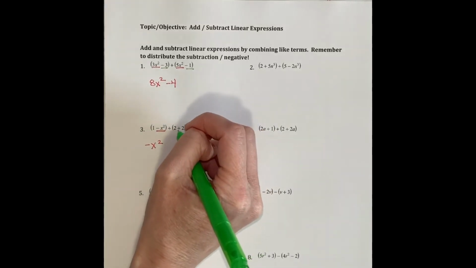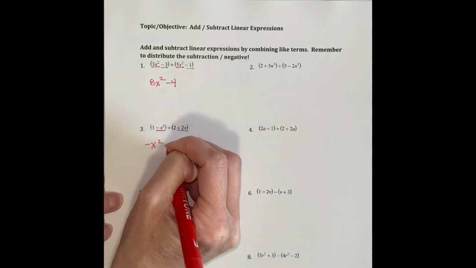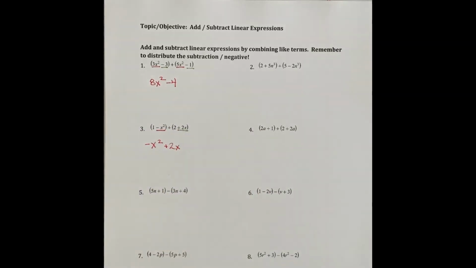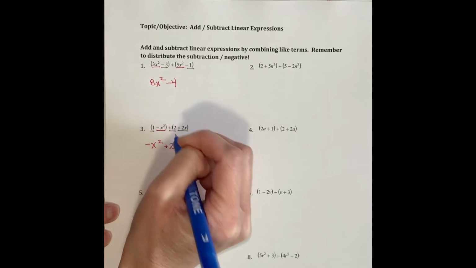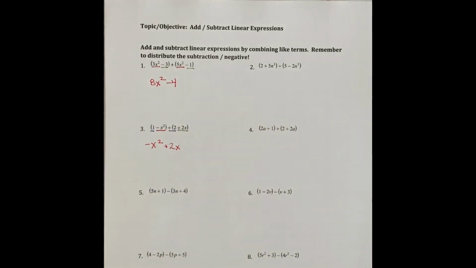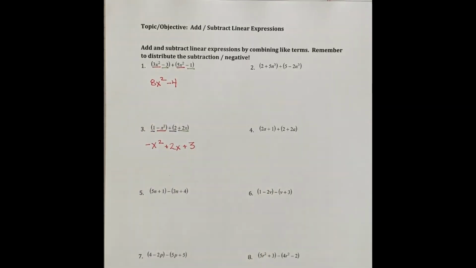And the only one I see is plus 2x. So it looks like my constants are the only two terms that I need to combine. 1 plus 2. 1 plus 2 is 3. Negative x squared plus 2x plus 3.